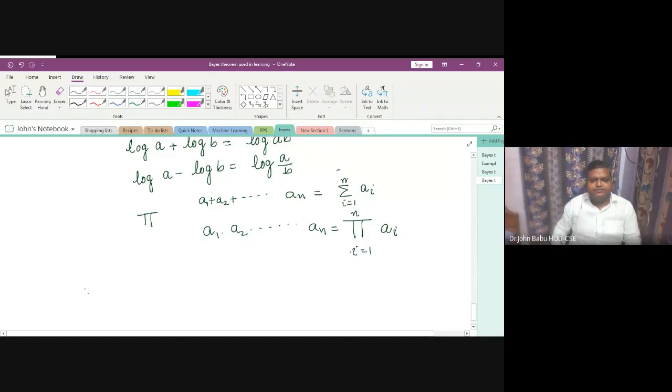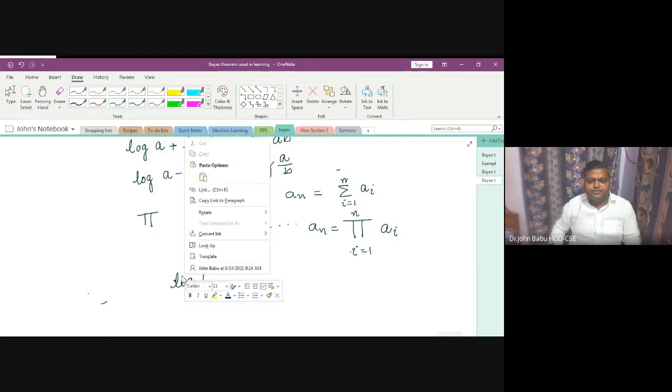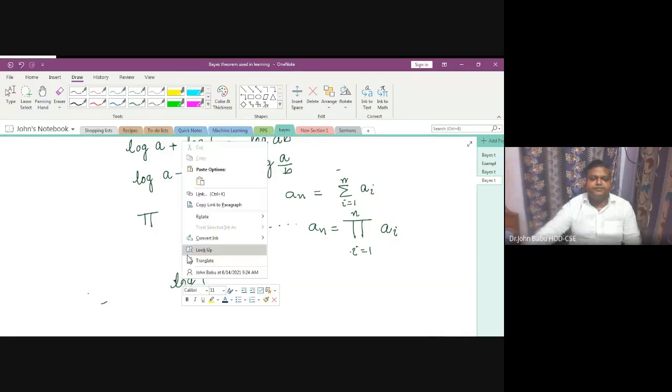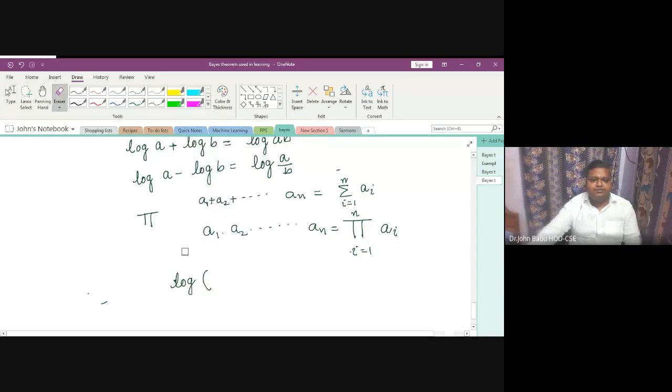Okay. Then the one thing I want you to note down, which we'll be using in further derivations, is if you take logarithms both sides. LOG represents base 10 logarithm, but generally, unless otherwise specified, we'll be using natural logarithm.